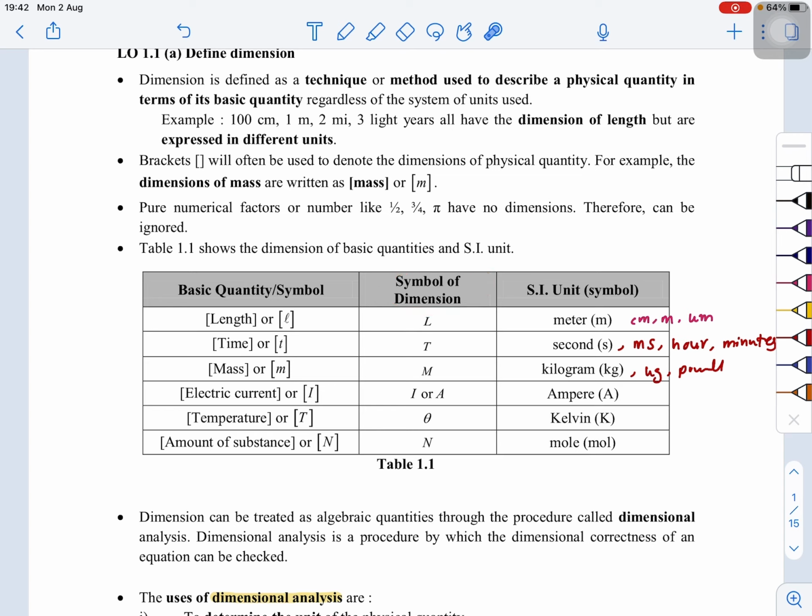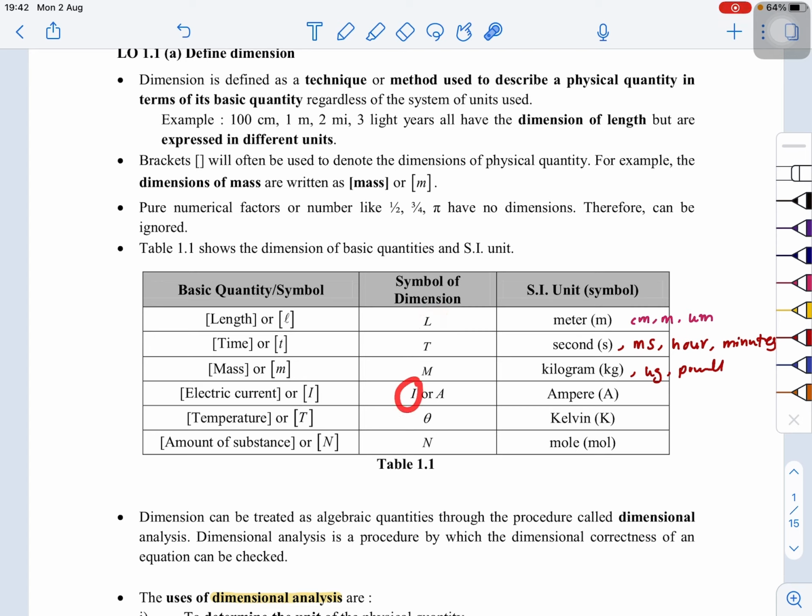And dimension we always write as this one, capital letter of L, T for time, M for mass, for current, either I or air. For temperature, it is the theta, the symbol theta. For the amount of substance, it's the symbol of N. Okay?